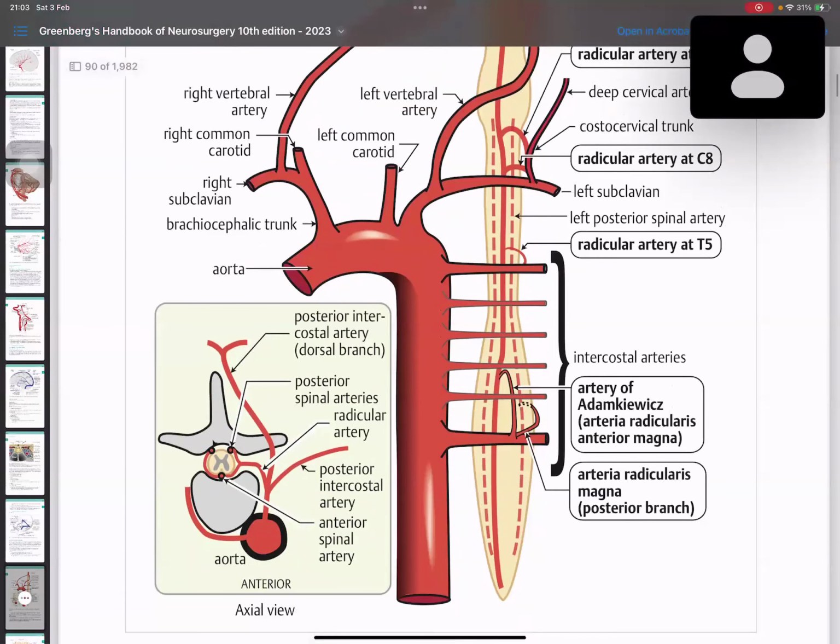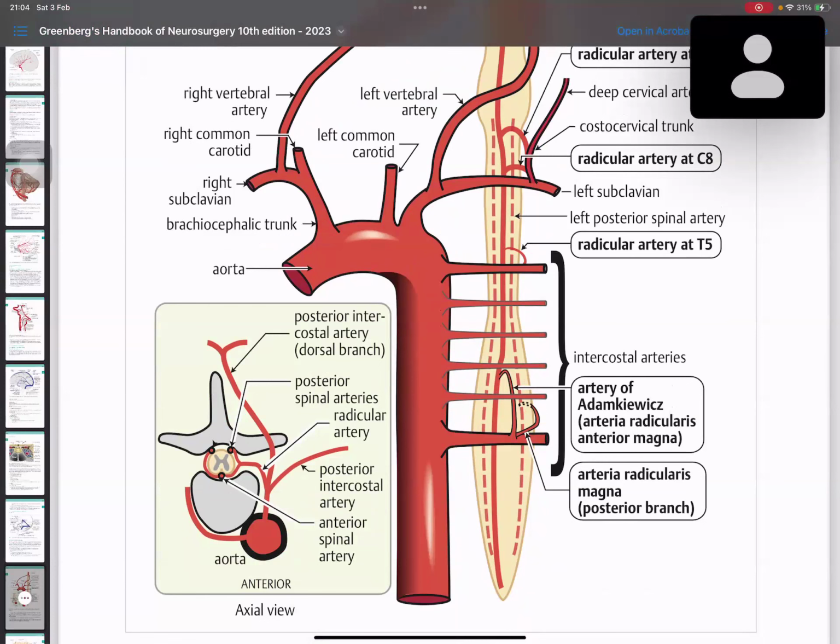Then underneath C8, they get supplementation from the superior or inferior intercostal artery, which all come from branches of the aorta or the arch of the aorta.